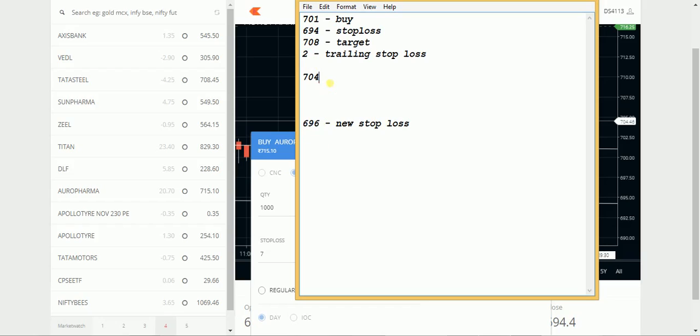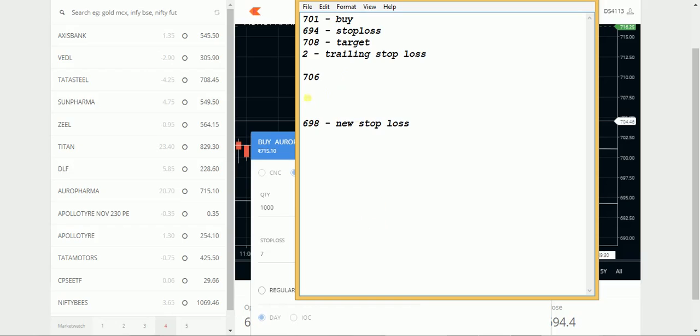Now say suppose it moves to 706. My trailing stop loss is 2 points, so from 696 it will again move 2 points to 698. My new stop loss will be 698.